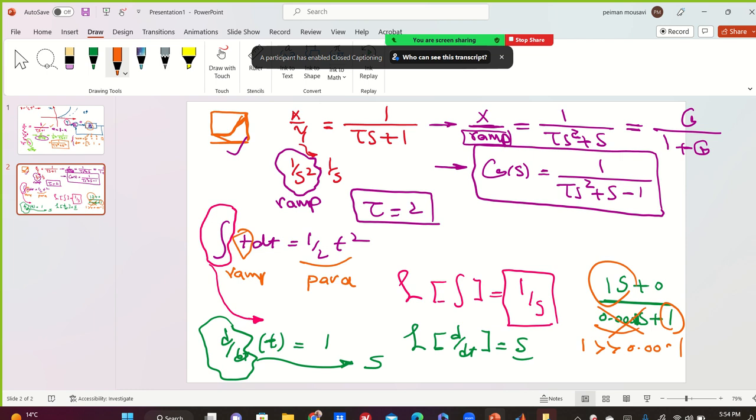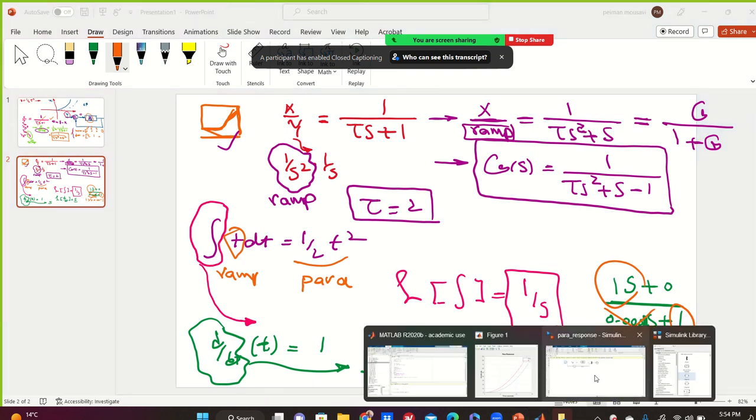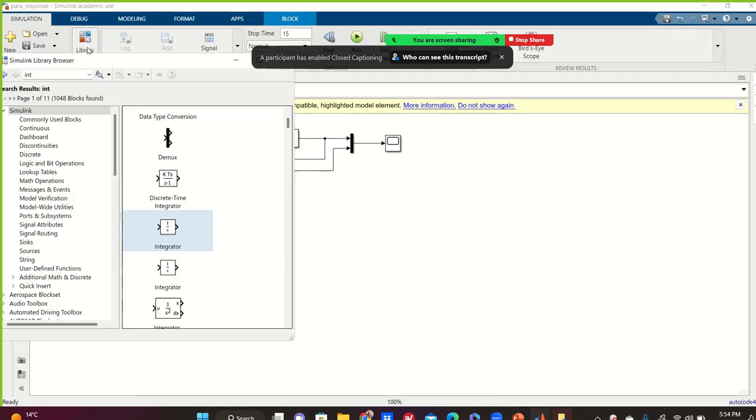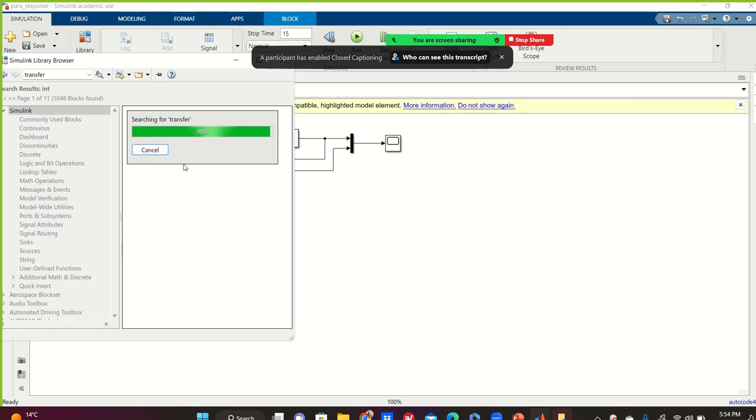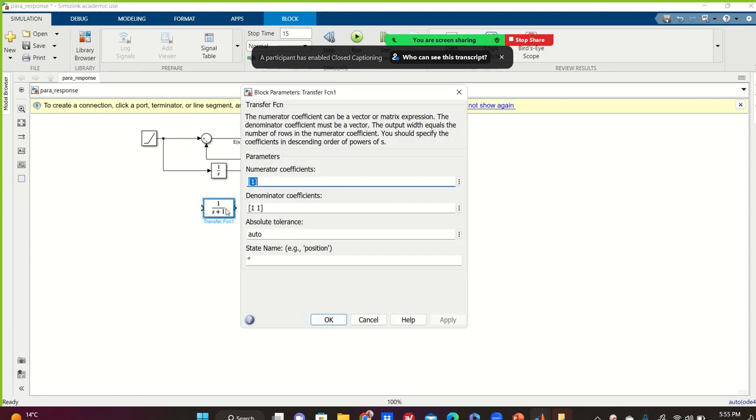In Simulink, I mean. If you want to do that, let us try together. It's interesting. You can come here and say transfer, and plug the transfer function here. As I wrote here, it's going to be 1, 0, and I'm going to put 0, 0, 1, and 1.